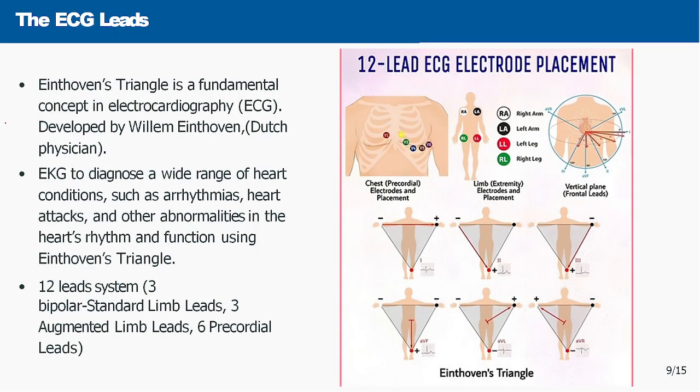Now, coming to the recording system or lead system of this ECG, of the action potential generated, as we have discussed in the previous slide. This waveform, PQRST, can be recorded through electrocardiograph leads or electrodes.